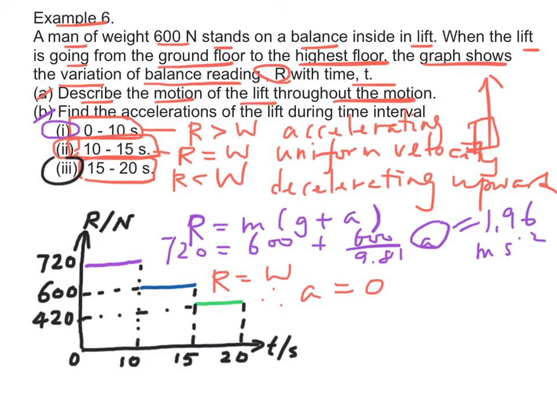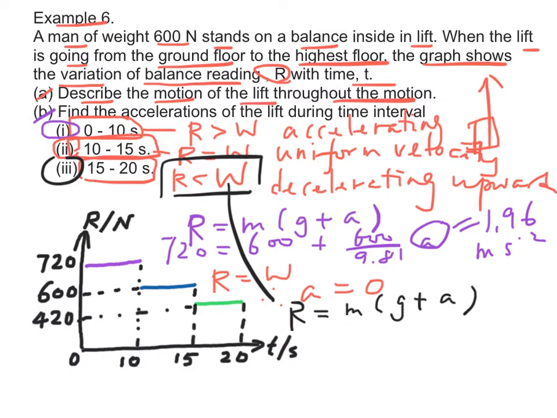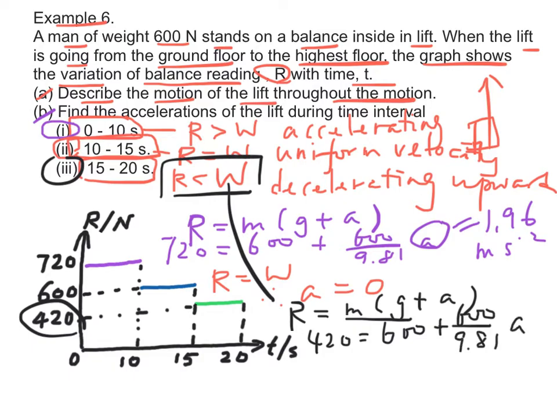For case 3, R is smaller than W. Therefore, R equal to mg plus ma. We have 420 equal to 600 plus 600 over 9.81 times a.